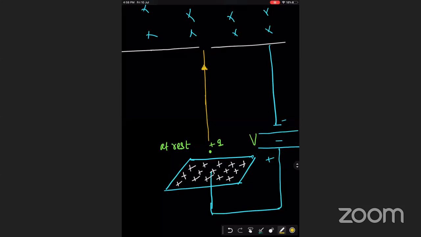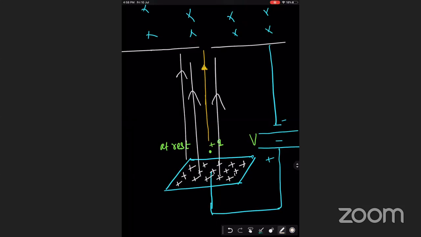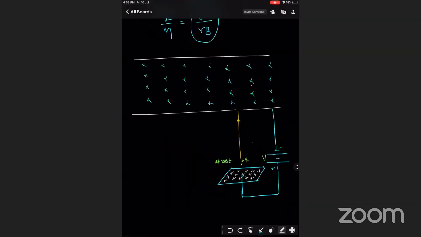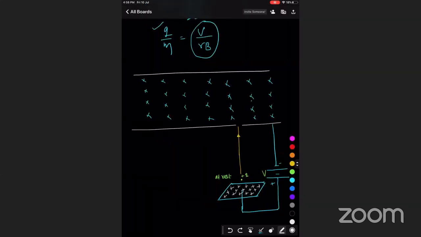The charged particle will acquire velocity in this gap. Its velocity will keep on increasing because we can assume there is a certain uniform electric field in this space. So this uniform electric field will accelerate the charged particle. The moment the charged particle enters the magnetic field, it will start performing circular motion.